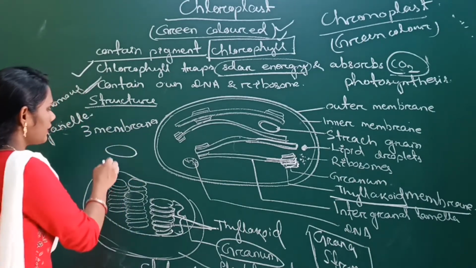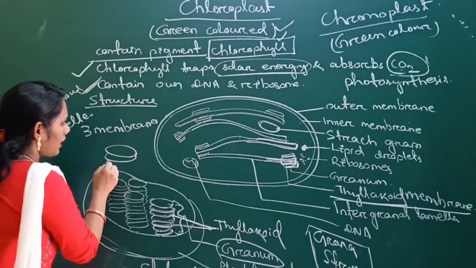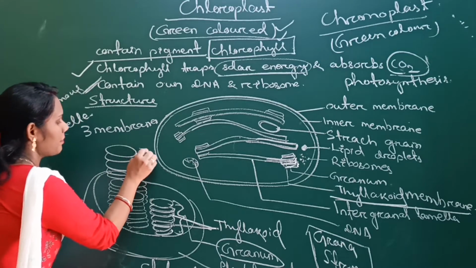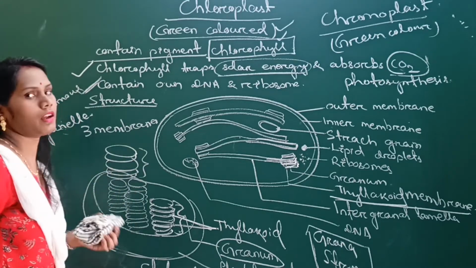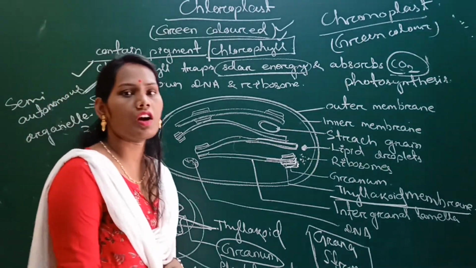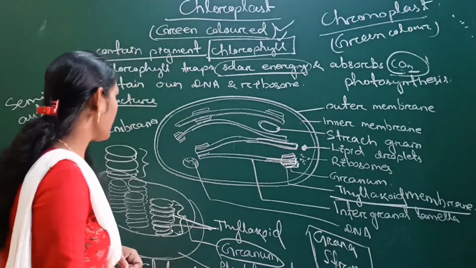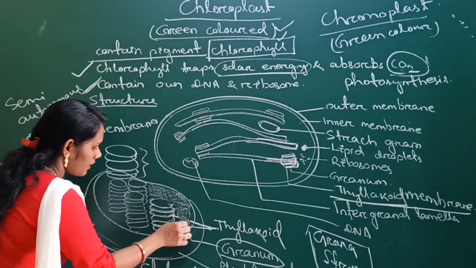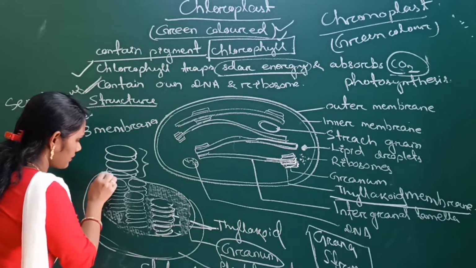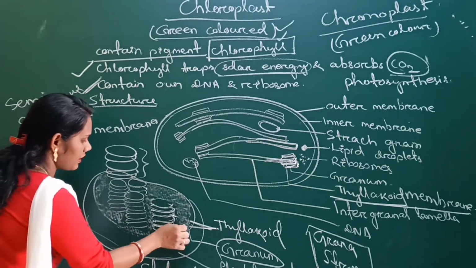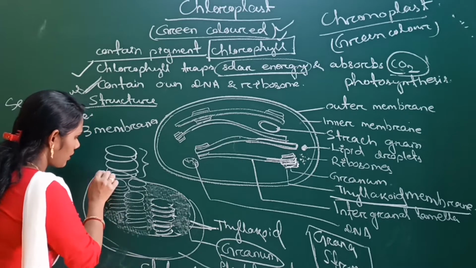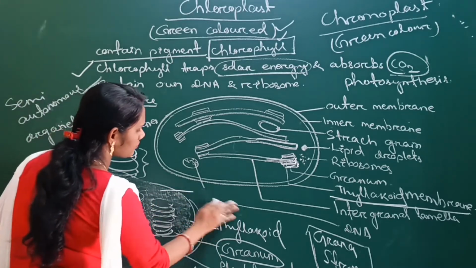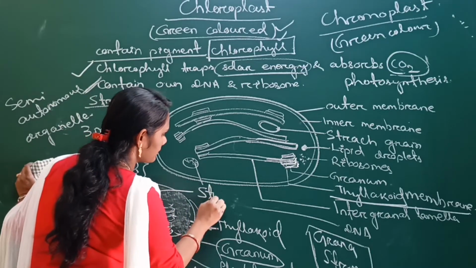When one thylakoid sits on another, they form a stack-like structure, a bunch of thylakoids, which is called grana. This grana is present inside the matrix substance, the colloidal substance, and this substance is called stroma.